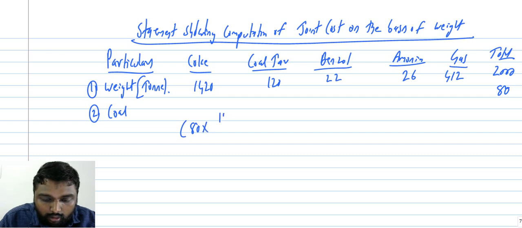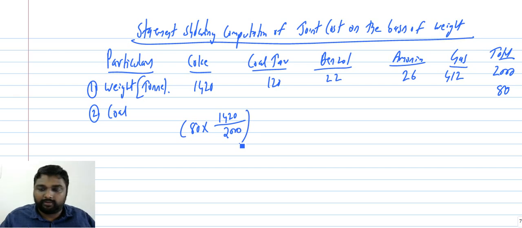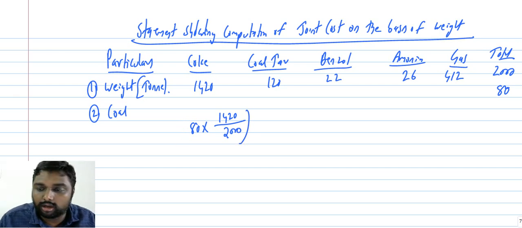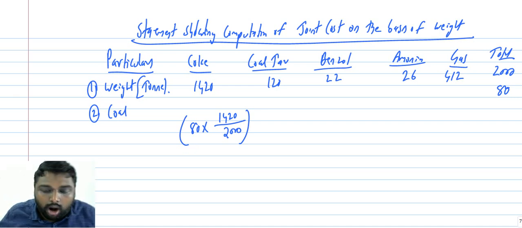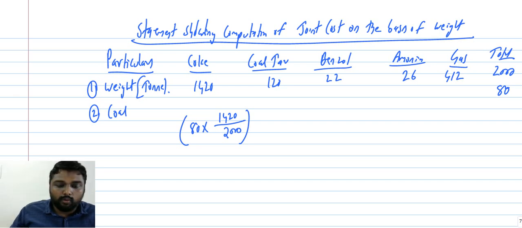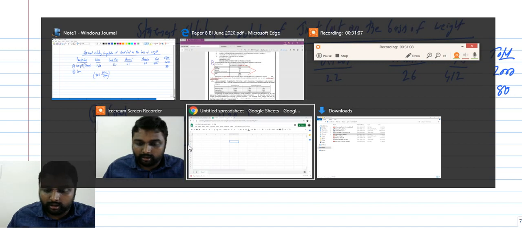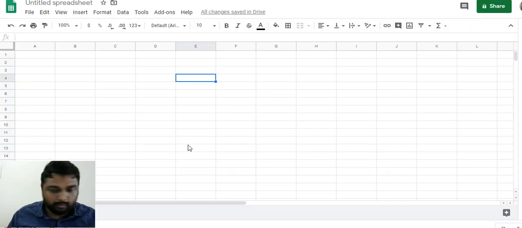For coke it is 1420 out of 2000 weight. So how will the calculation come? 80 into 1420 divided by 2000.